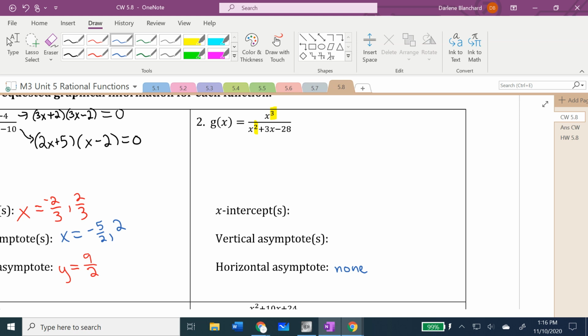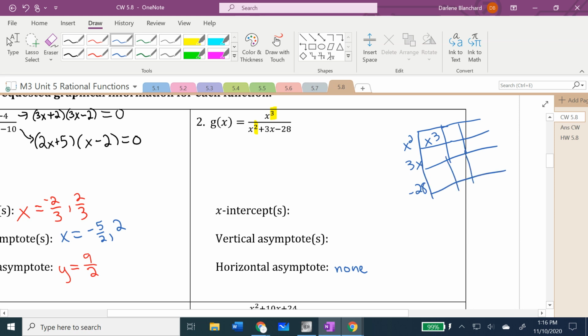Yeah, so Jason, for this problem number 2, when you divide your degree 3 by your degree 2, let me just point this out on the side. When you start the division, this has to kick off with an x so that it multiplies to x squared to give you the x cubed. You're going to end up with a linear quotient. So you're going to end up with a line that is an asymptote.